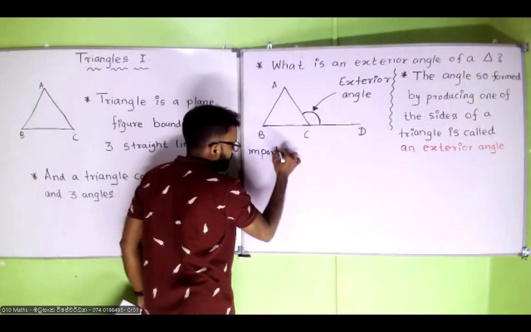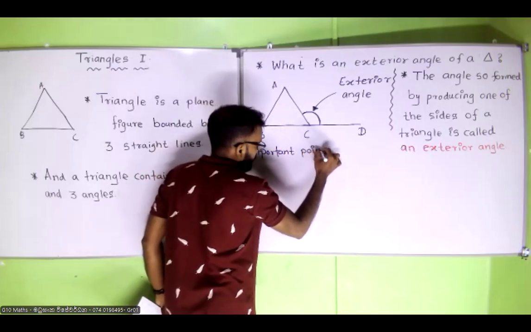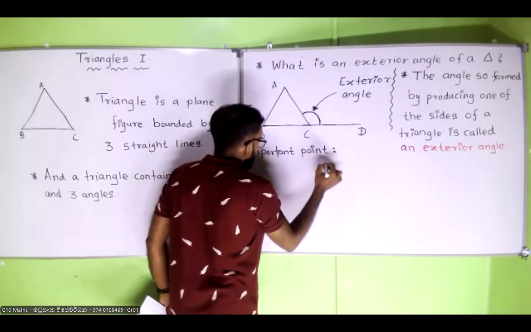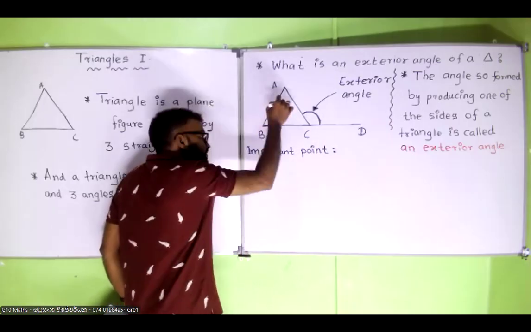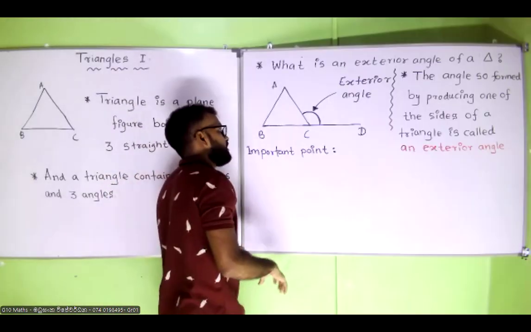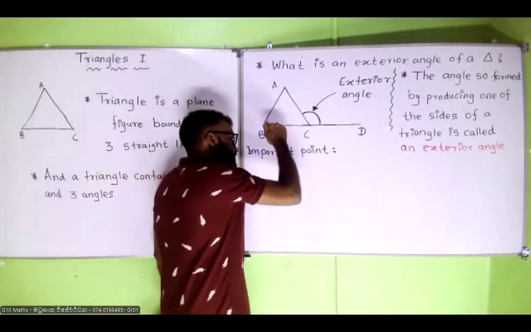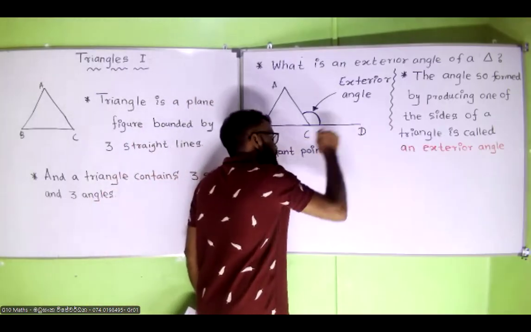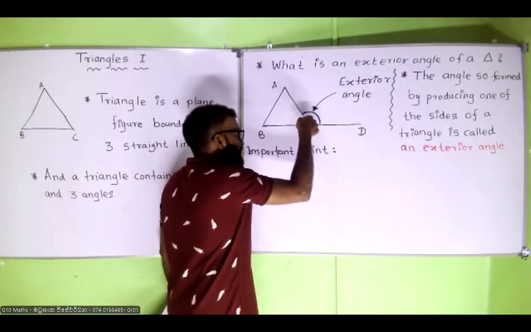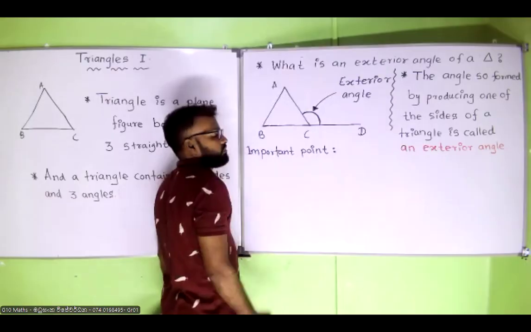Important point. When you consider a triangle, there are three sides, and you can extend this BC side, this AC side, and this BA side.